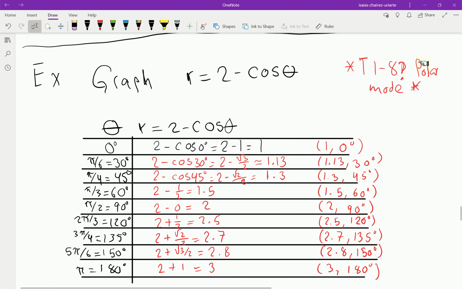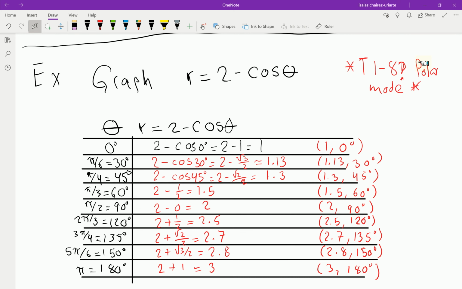So if you go to mode, you'll see that you have the degree and radian option, and then you have a couple of menus down. Right now it should be highlighted as FUNC. It's in function notation, but then you also have POL, polar. You have parametric, param, and then you might have differential equations. So you have several options here.